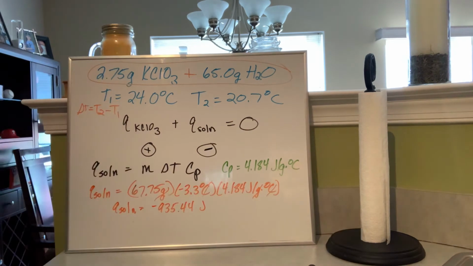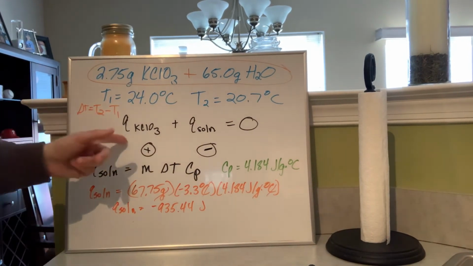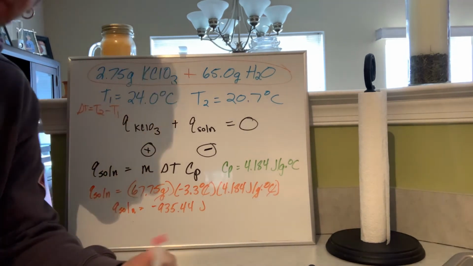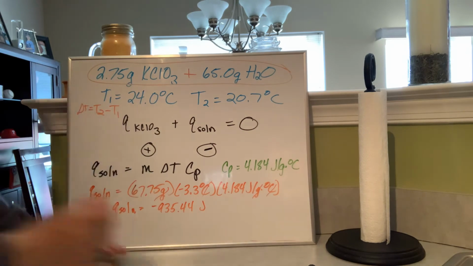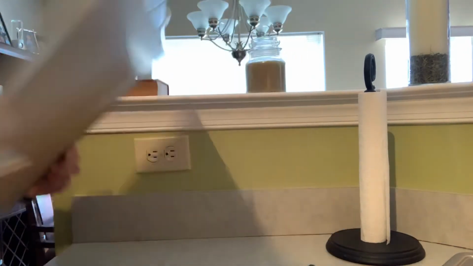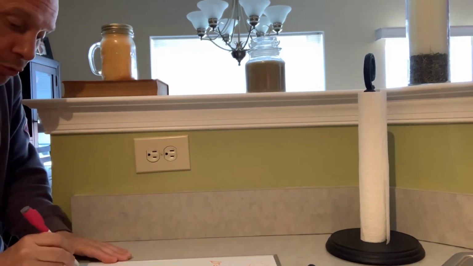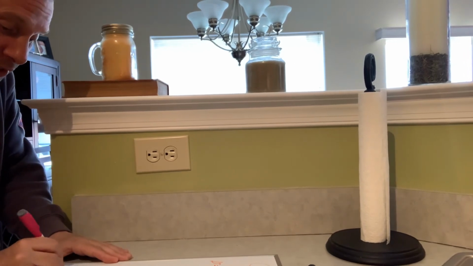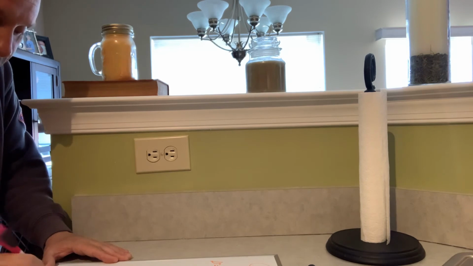All right, so this is the Q of the solution, which is negative, which is going to make the Q of the KClO3 the exact same number but positive, right? Since that heat was given off by the water, the Q of KClO3 is going to be positive 935.44 joules.